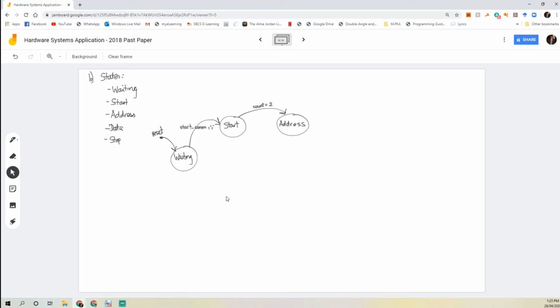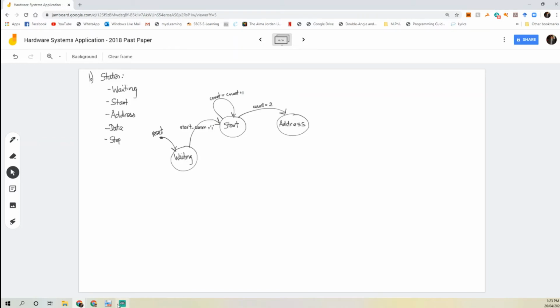But I need to check when count is equal to 1, and I need to increment the counter. All right? We know how we do that counting increment by allowing this to transition back to itself. And here we're going to increment the counter in this state. So count is equal to count plus 1.